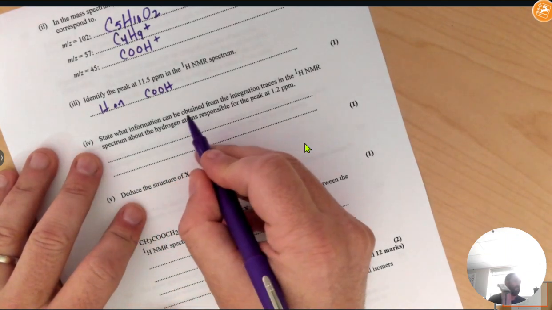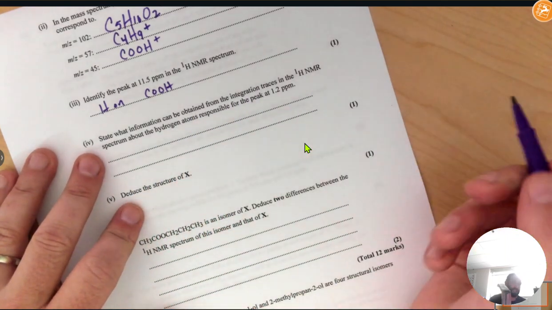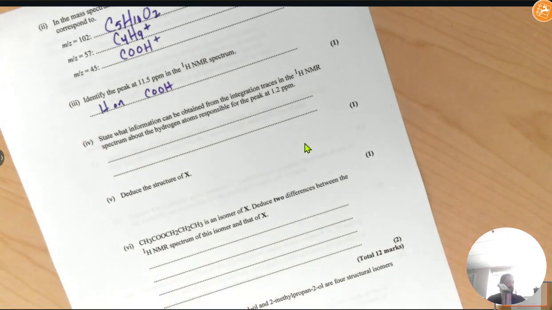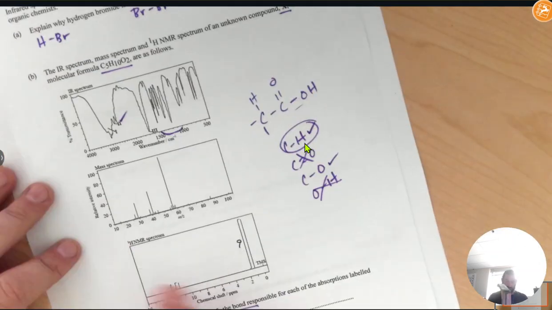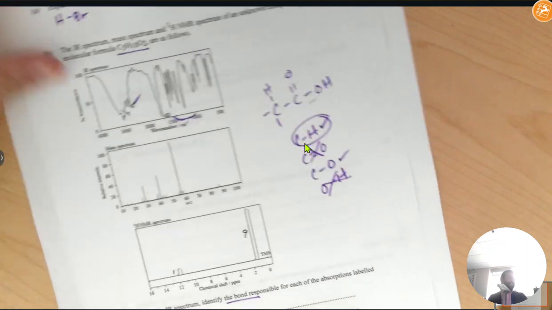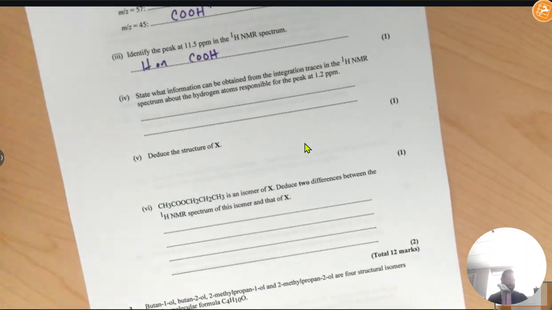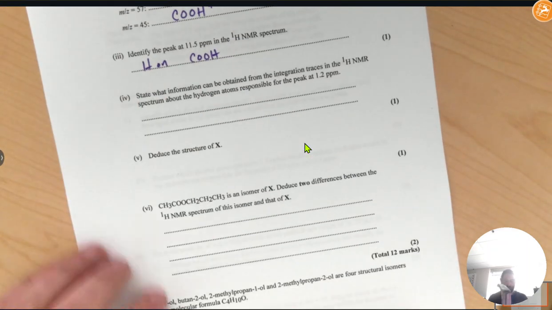All right, what information can be obtained from the integration traces? This is just a definition. The integration trace is the number of hydrogens in each environment. The peak at 1.2 has an integration trace of 9, which means there are 9 hydrogens in it. So you can just write here, there are 9 hydrogens in the molecule.